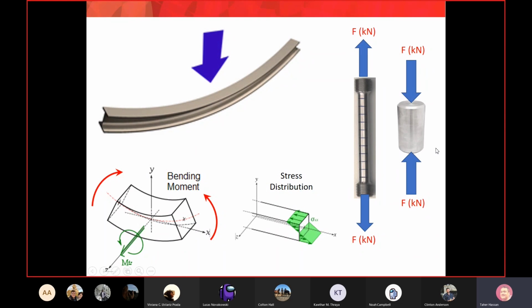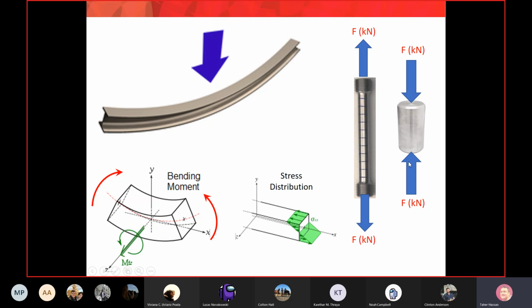in the past. So in this slide here, I'm showing you the tension test, the compression test, and also the bending test. And I want you to try to see what is the relationship between the force direction and the axis of our element. For example, look at compression.